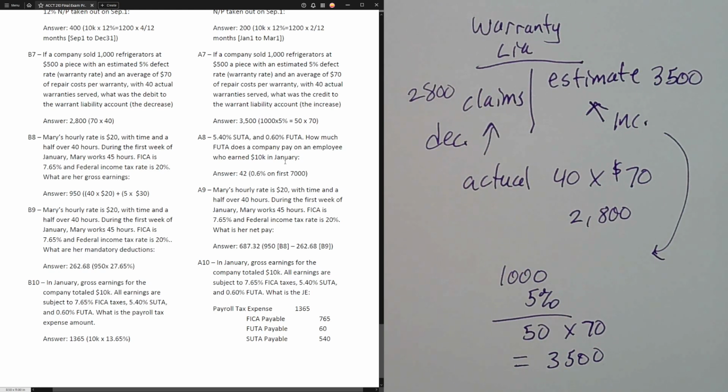So that's the only little extra thing to remember about A8. I just want to point out that A8 is talking about an individual employee, so that's why we cap it at 7,000, whereas B10 and A10, we're talking about a number of employees altogether. So the assumption here is that no one has gone over their FUTA and SUTA, therefore we're not capping the FUTA or the SUTA on those two.